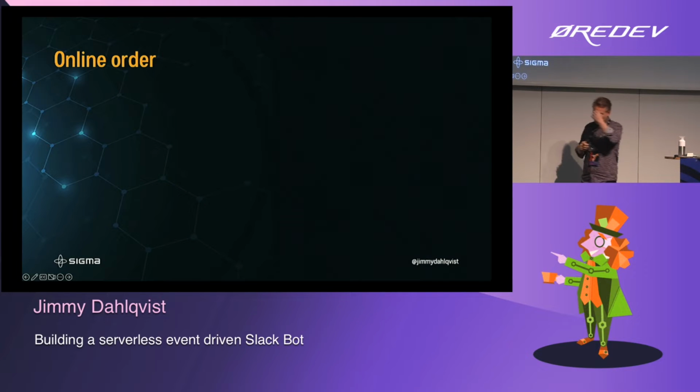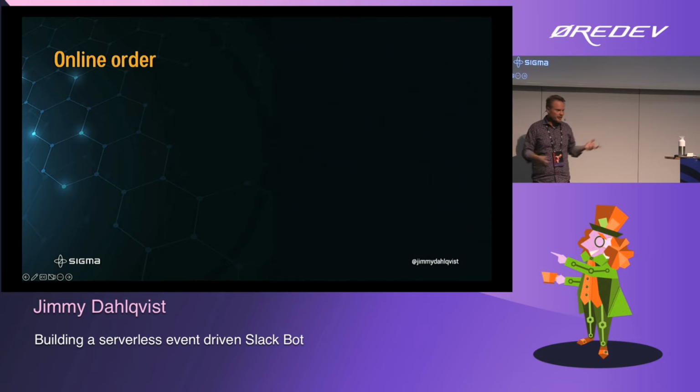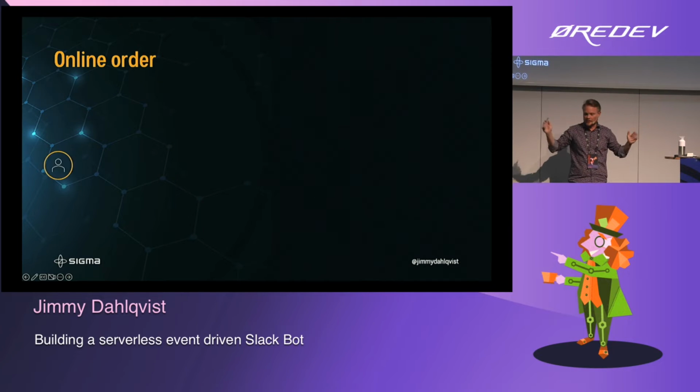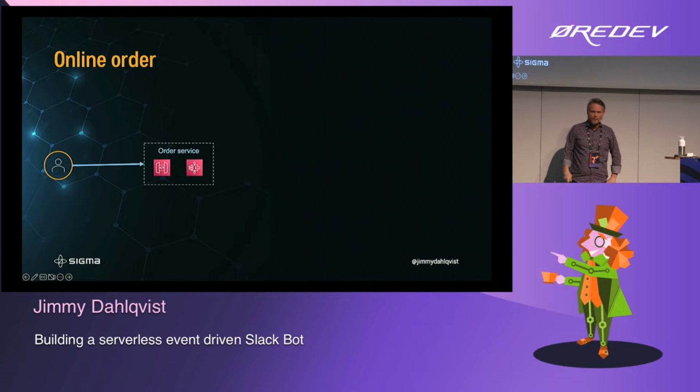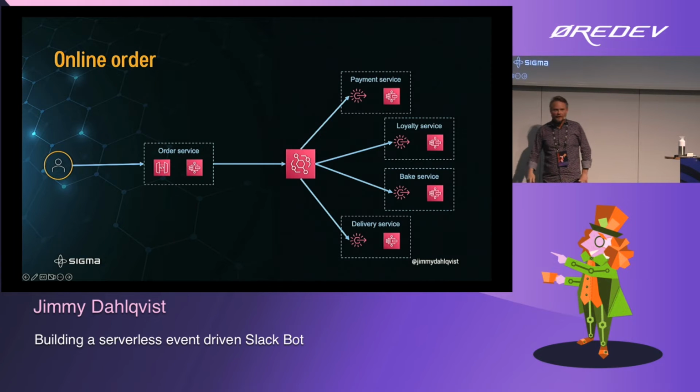So if we go back to our online ordering, how would we build this in an event-driven architecture instead of having one service taking care of everything? Well, once again, the user places the order with the order service, but now instead of the order service doing a lot of communication with other services, it just adds an event onto Amazon EventBridge saying, hey, order created.